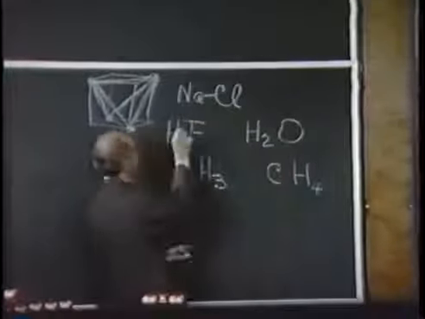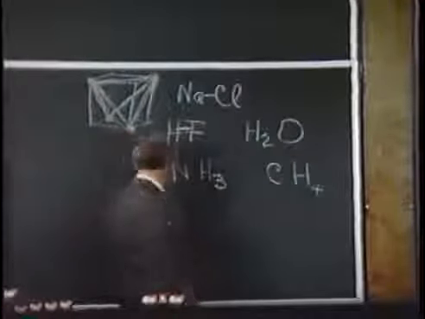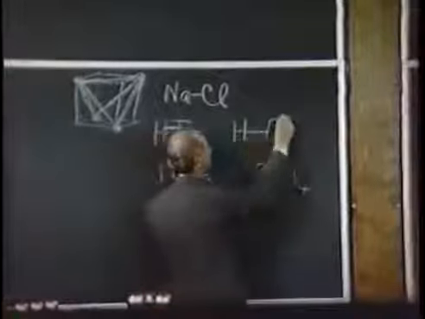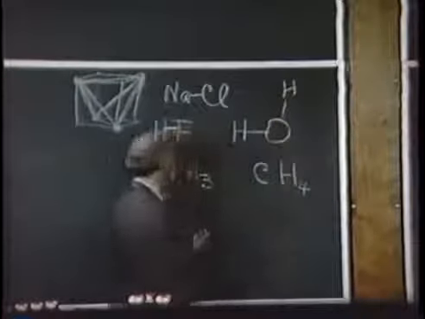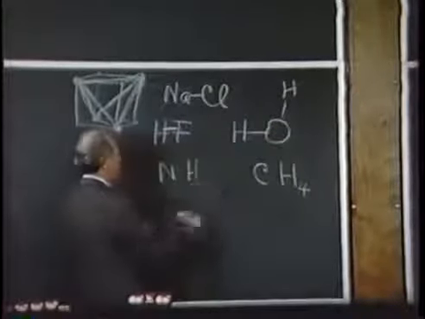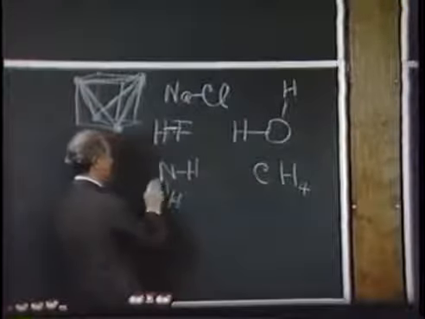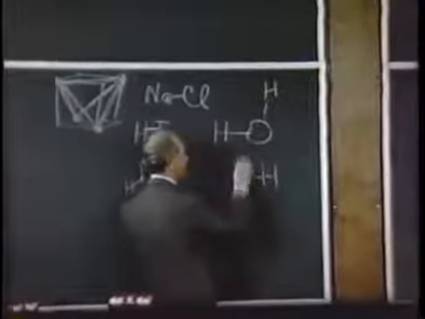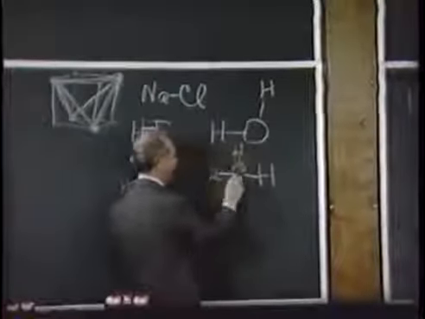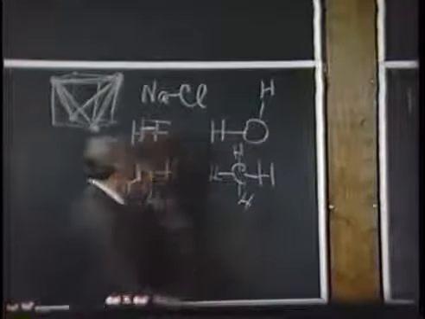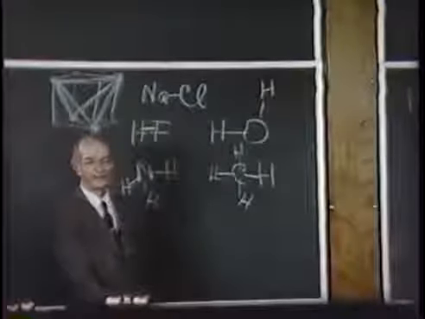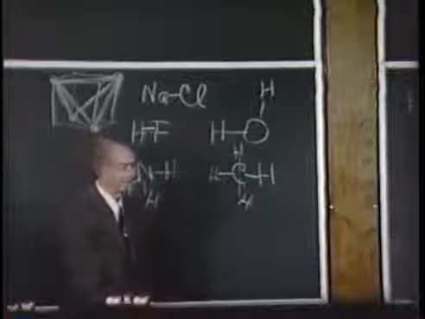Na to Cl, H to F, water, H2O, with an H to O bond and another H to O bond. With ammonia, N to H, N to H, N to H. And with methane, C to H, C to H, C to H, C to H. Hydrogen and fluorine, sodium and chlorine are said to be univalent, to have valence 1.